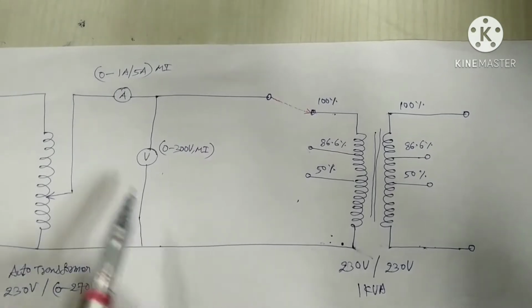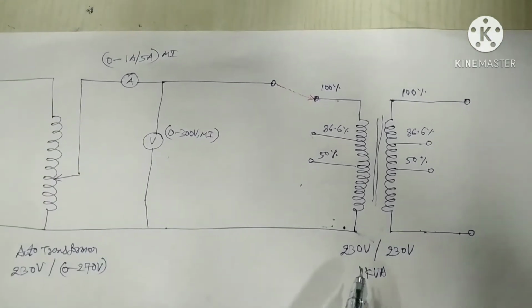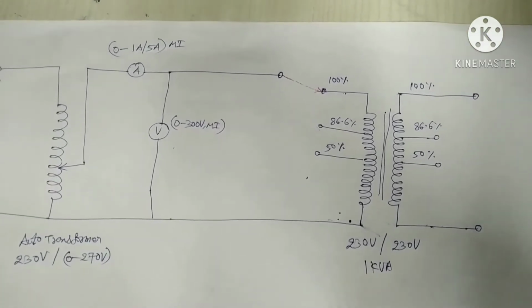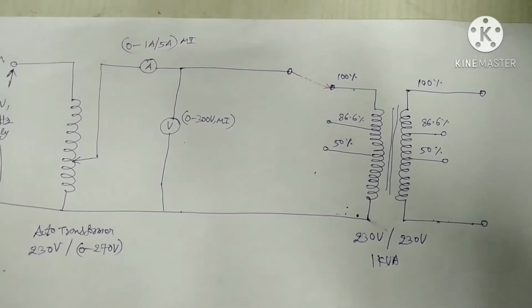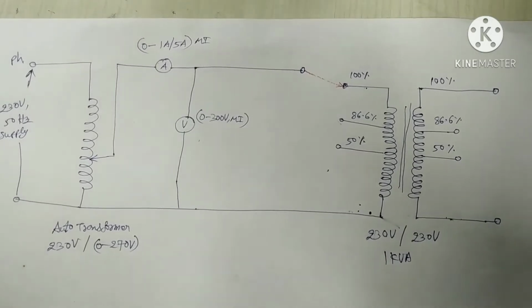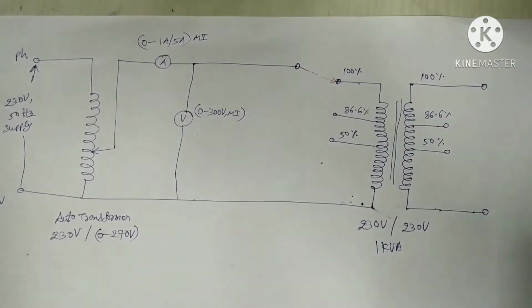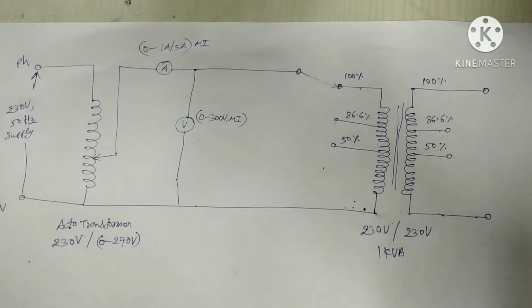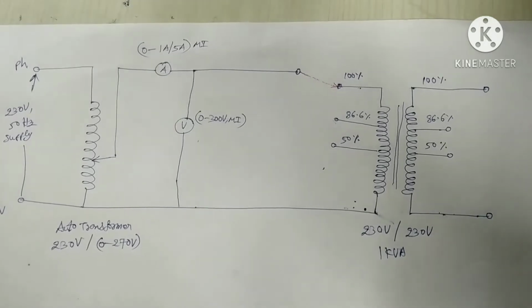Then we have to note down the ammeter reading and observe the noise intensity in the transformer. After that we have to reduce the auto transformer output to 0 volts, and then we have to reconnect the circuit for 50% turns.